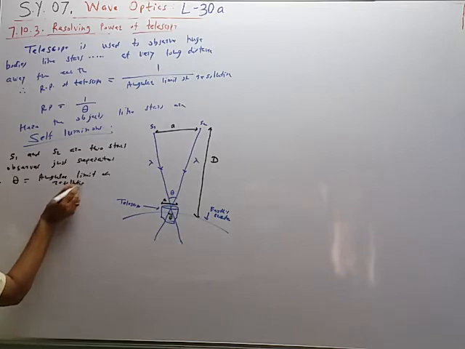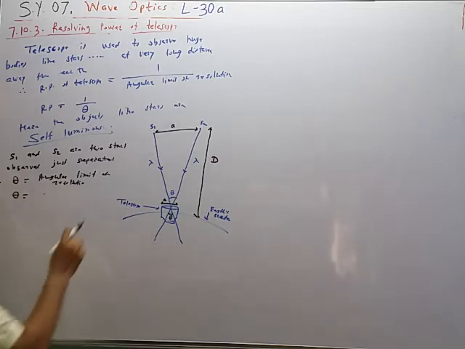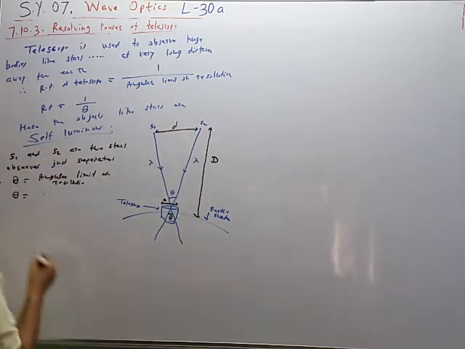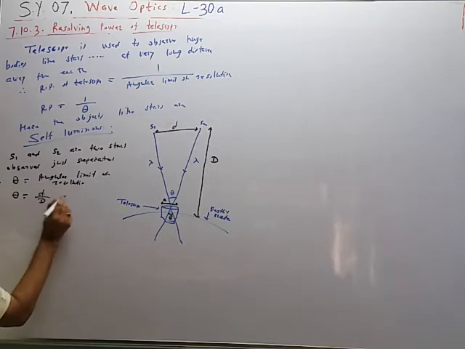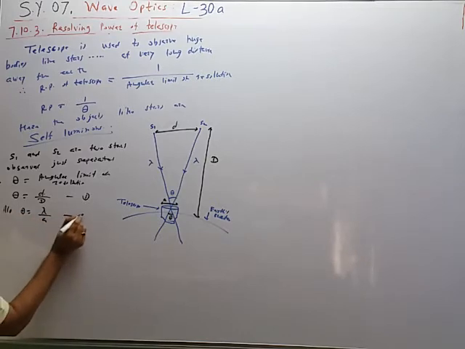Angular limit of resolution, and theta is equal to d upon D, where small d is the distance between the two objects. This is equation 1. Also, theta is equal to lambda upon A. This is equation 2.